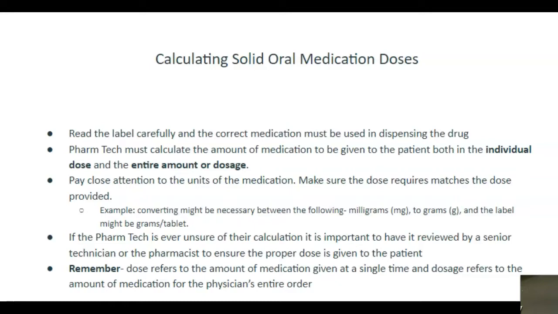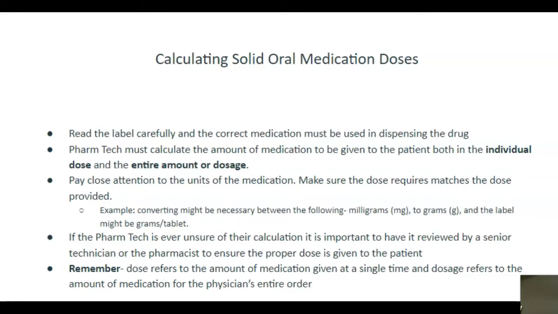So pay close attention to the units of medication, the label. Like, are we measuring in milligrams? Are we measuring in grams? Are we measuring in teaspoons, tablespoons, tablets, capsules? Like how many tablets, how many capsules? All of those are units of a medication, and you need to make sure that the dose required matches the dose provided.